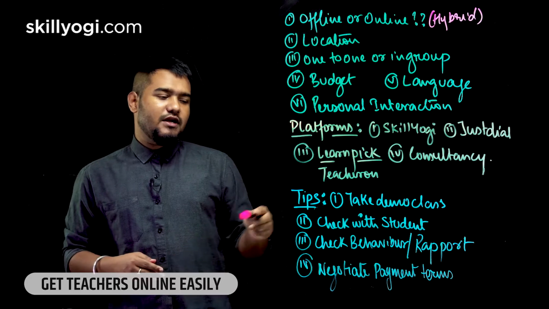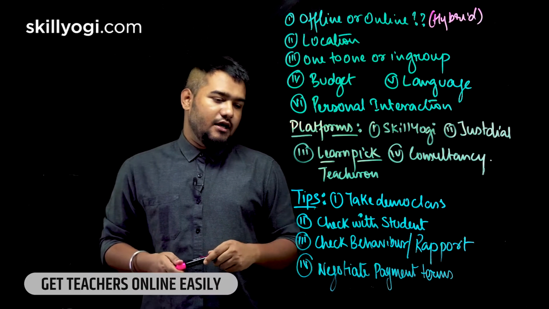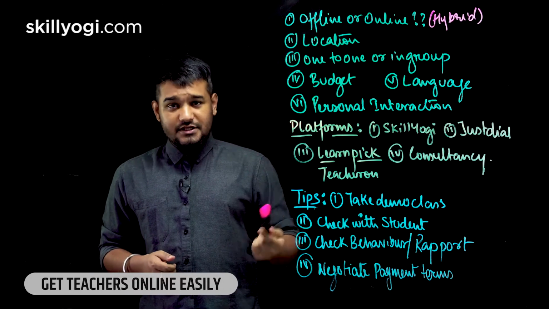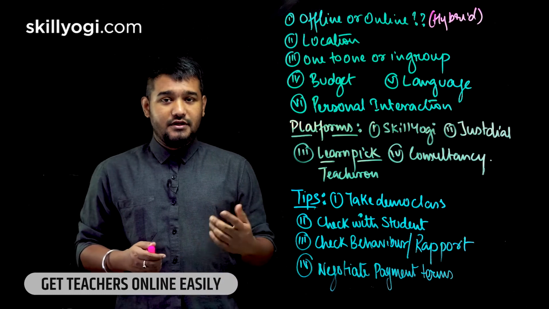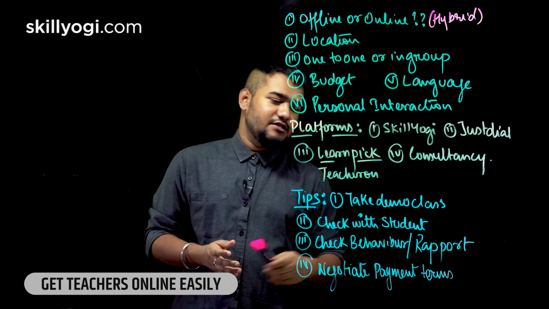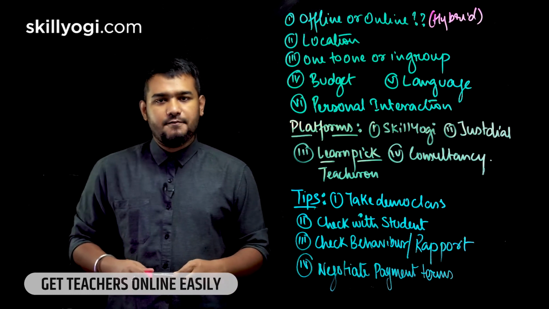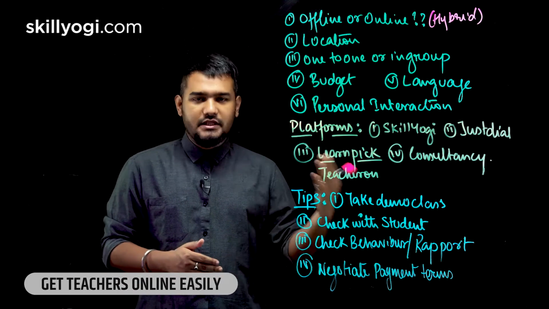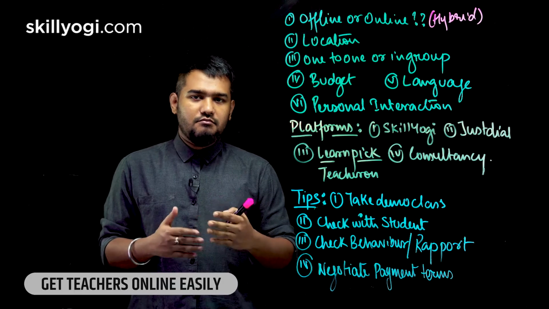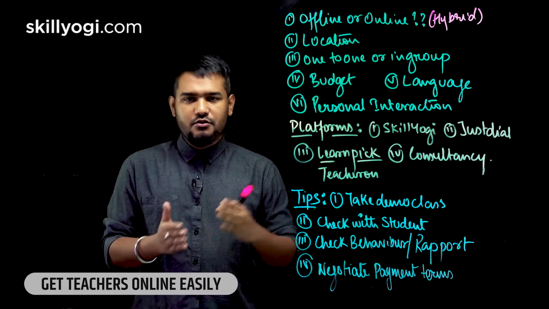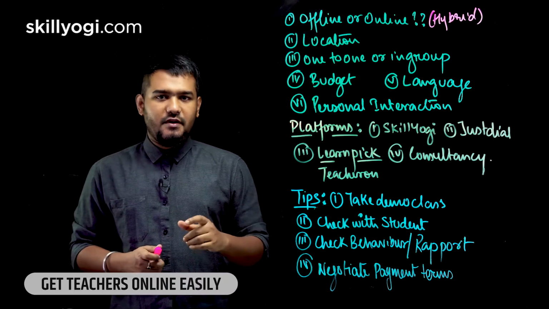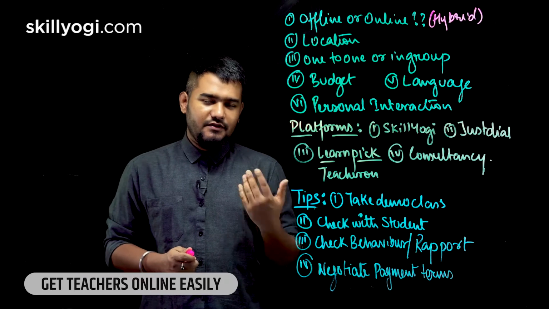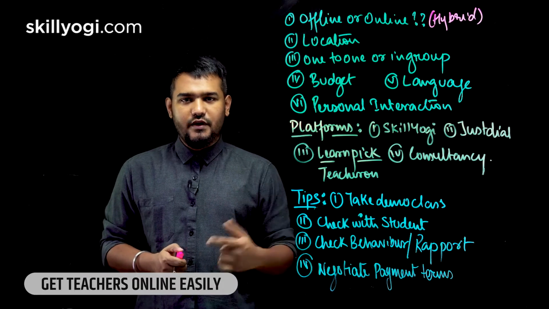And the next thing is, what are the tips from my end which, if you miss out, you might end up with the wrong teacher. So the first thing is, you must take a demo class. What is a demo class? A demo class is basically, before confirming the teacher, you take some classes, maybe 2 or 3 classes. A teacher will preferably tell you that they will only provide one demo class.